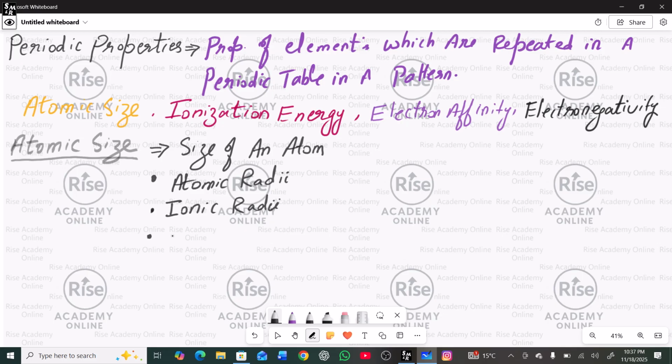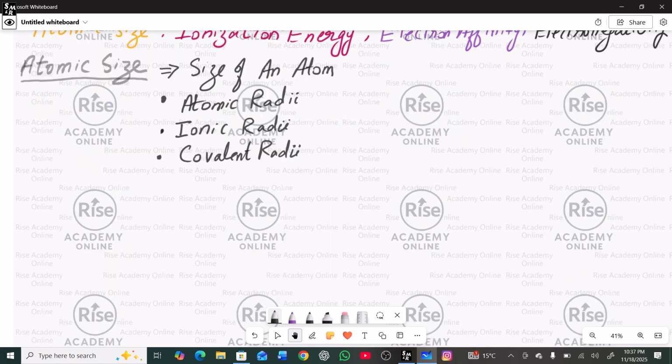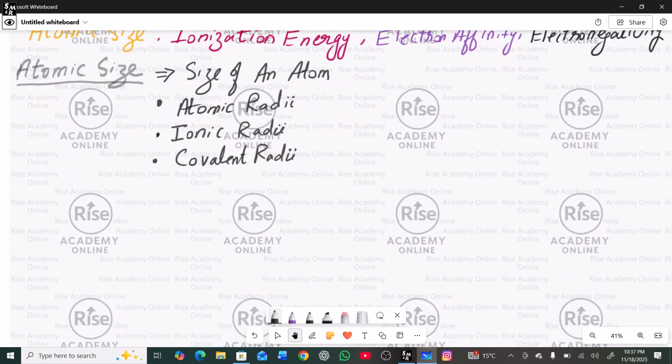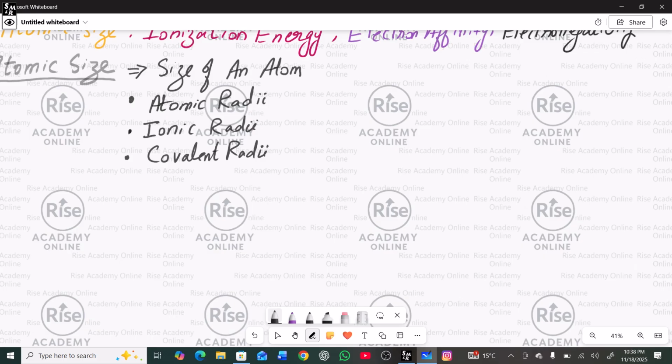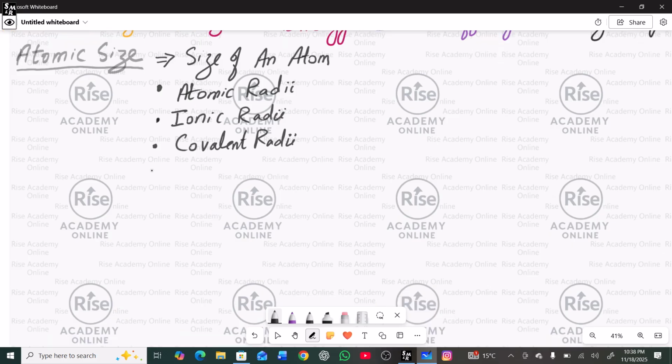It may also be defined in terms of covalent radii if atoms are bonded through a covalent bond. And atomic size can also be defined in terms of van der Waals radii if noble gases are attached to each other through van der Waals forces.